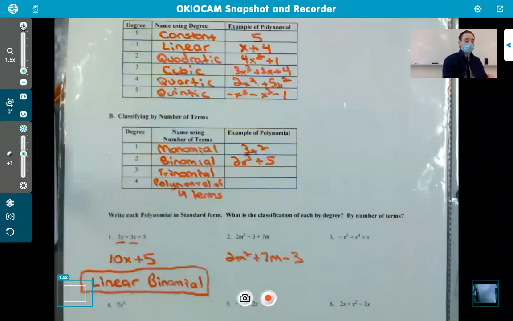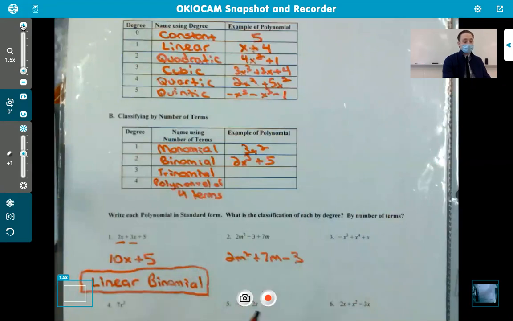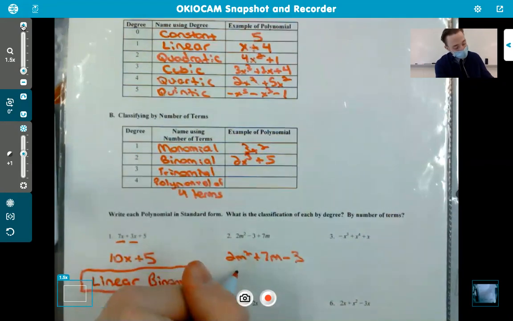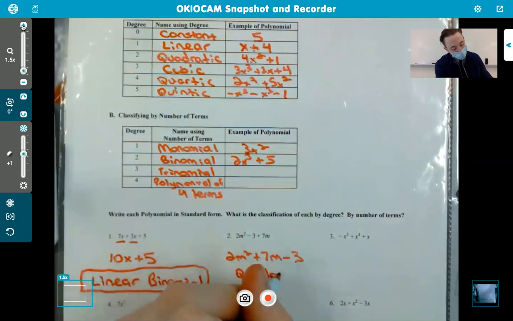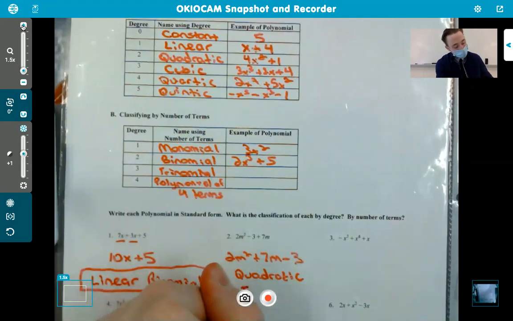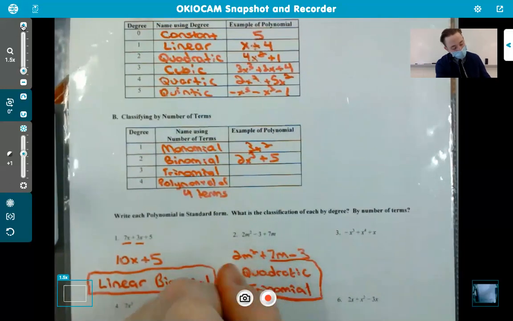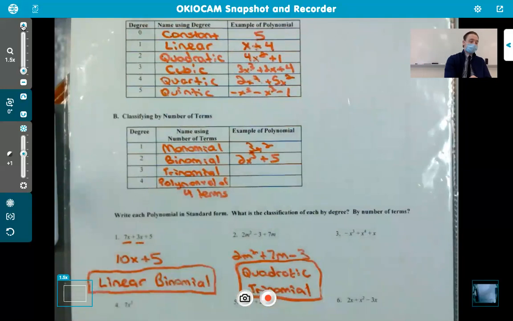To the power of 2, is that the degree? Right, to the second degree. So if it's to the second degree, what's that going to be called? Or how would I categorize this? What's that? So it's quadratic. And how many terms does it have? 3. So trinomial. Good. A quadratic trinomial.